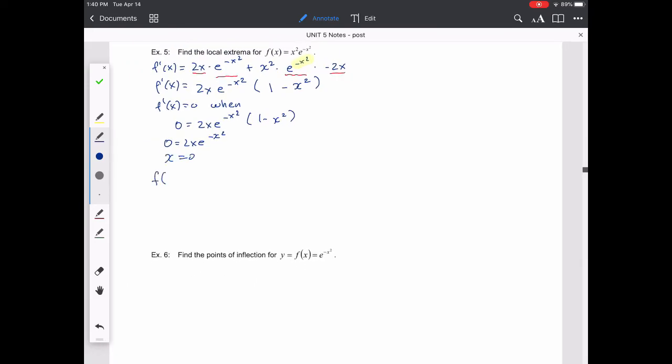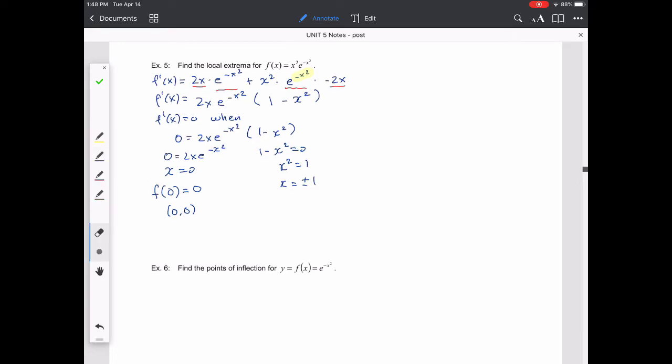And if I do f of 0, that's going to equal 0. So therefore 0, 0. The other one we have is when we have 1 minus x squared is equal to 0, or x squared is equal to 1, or x is equal to plus or minus 1 when I take the square root of both sides. Okay, so what I'm going to do, oops, I picked a pen, f of negative 1.